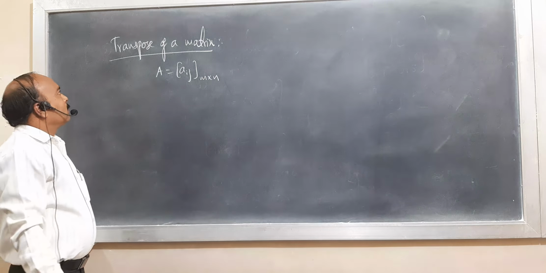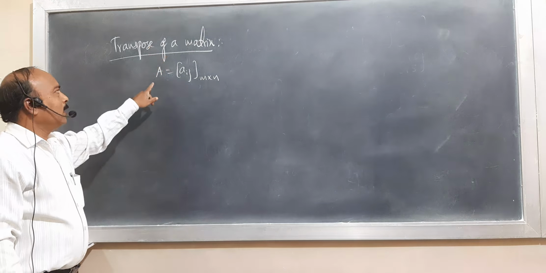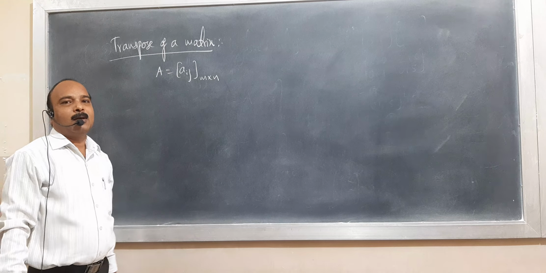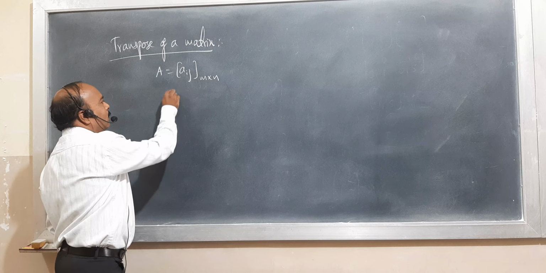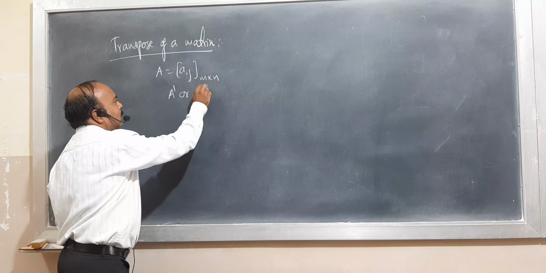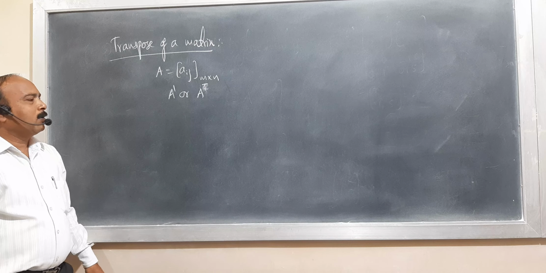Then we define the transpose of this matrix A as the matrix obtained by interchanging its rows and columns. It is denoted by the symbol A dash or A power T. T stands for transpose.